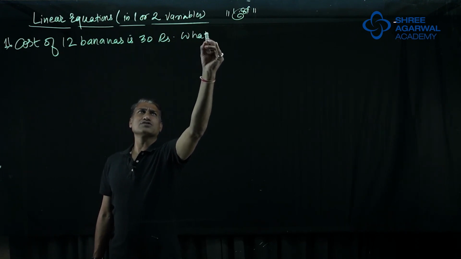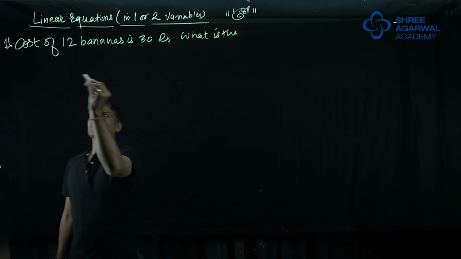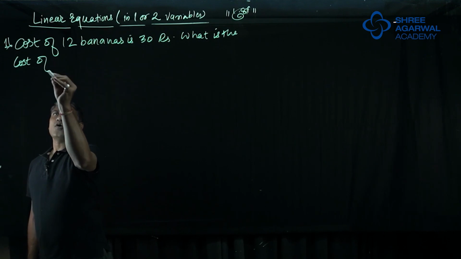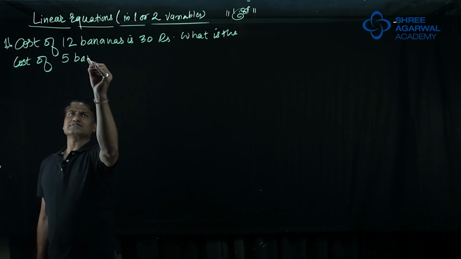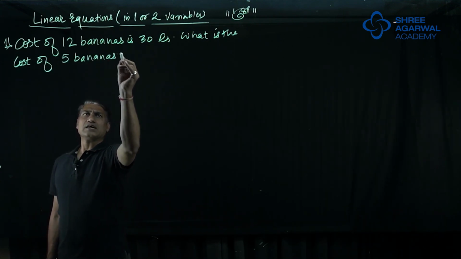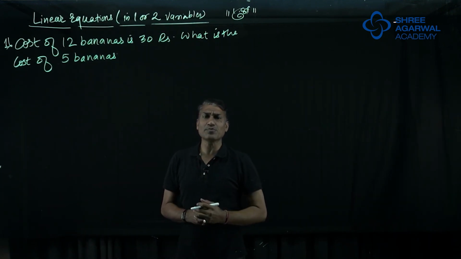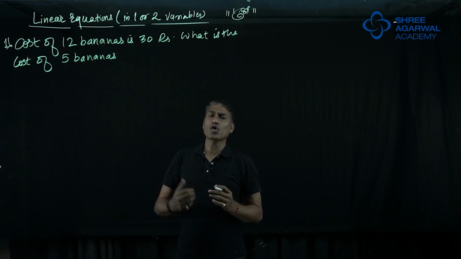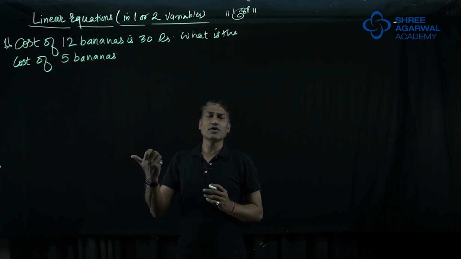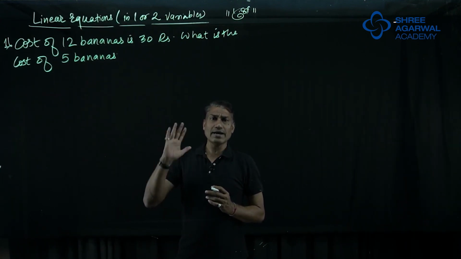What is the cost of 5 bananas? Now, if they had asked 6 bananas, we could have done half of 30, that is 15 rupees. But how to find the cost of 5 bananas? This involves forming a linear equation and solving it.